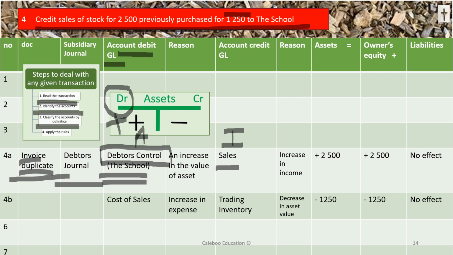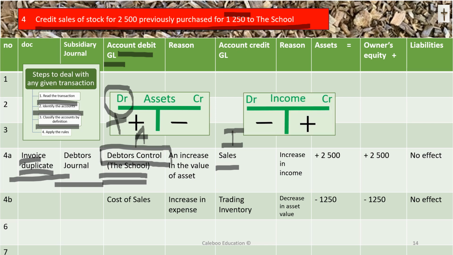I'm applying my rules. Now, sales fits the definition of income. Our sales have increased. The rule says the account must be credited. So the account credited in the general ledger is sales. Why? Increase in income. Why was debtors control debited? An increase in the value of assets.